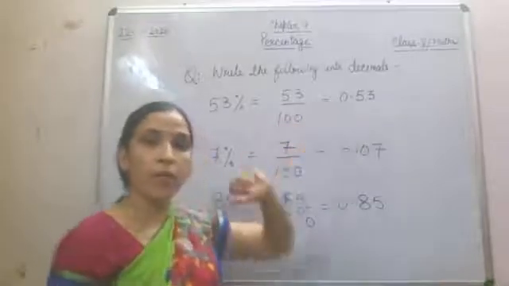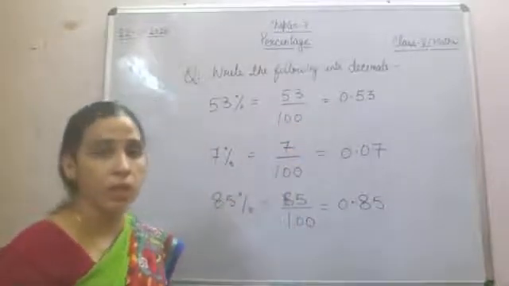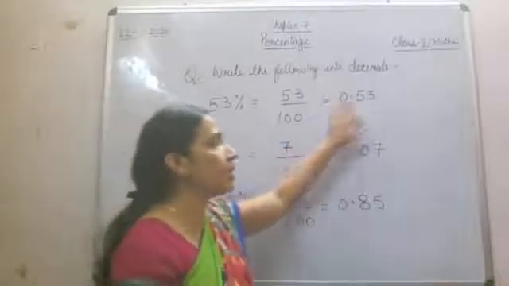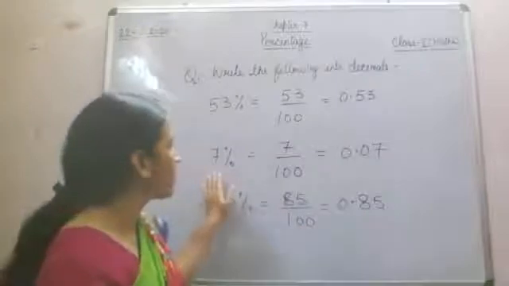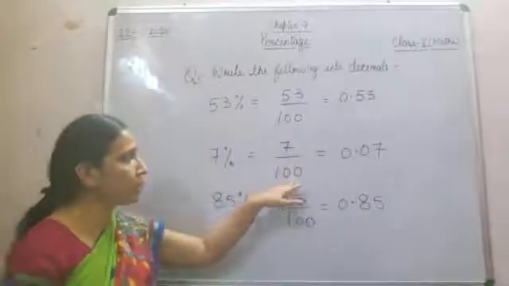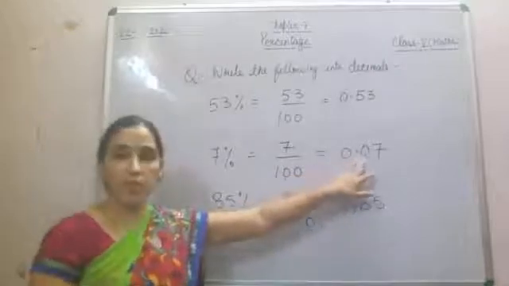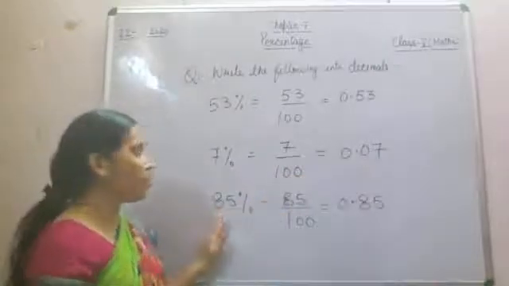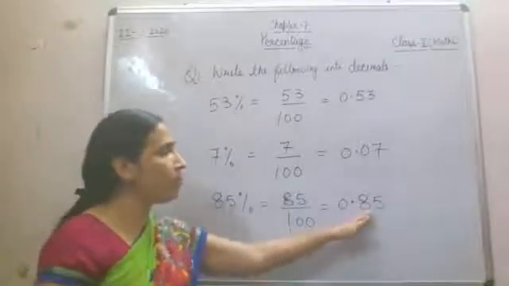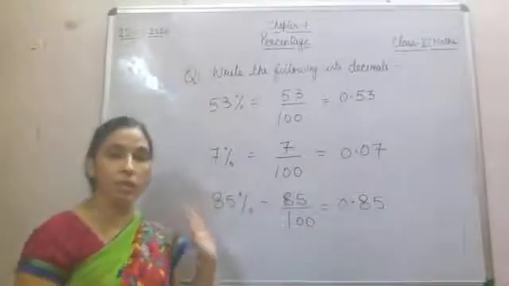By using that method only, we will count the decimal places and just put the decimal. Similarly, we will do this 7% also. Here we require 2 decimal places, so we have added a 0 over here. We will count from the back and put the decimal.